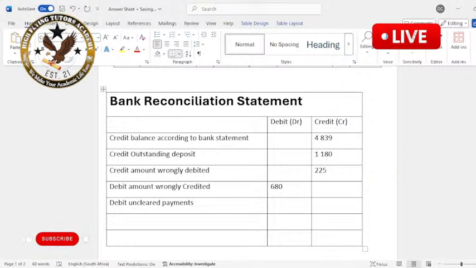So we can also open brackets, right? Open brackets, we put the first payment. The first payment is 2,800 right there.